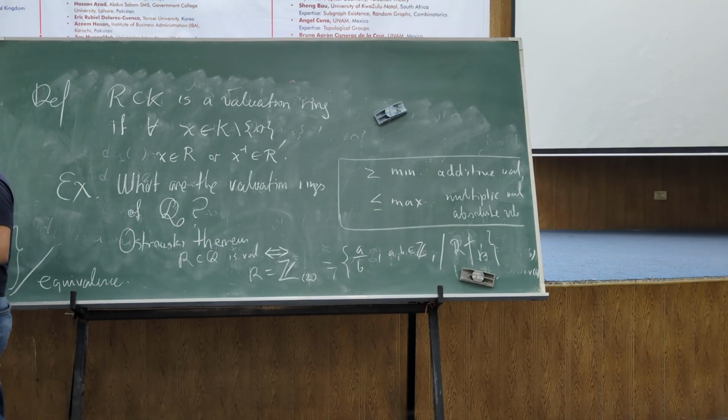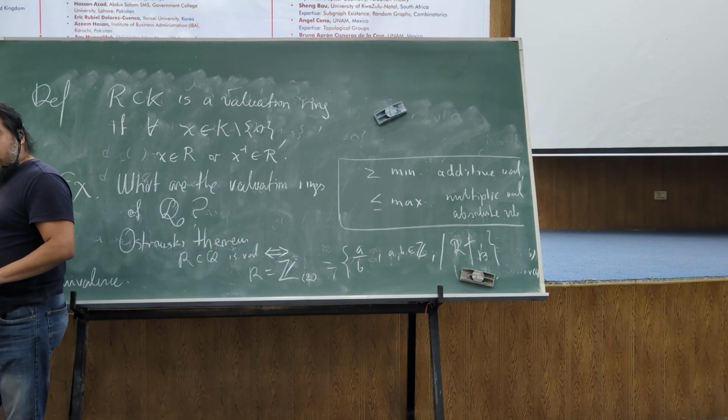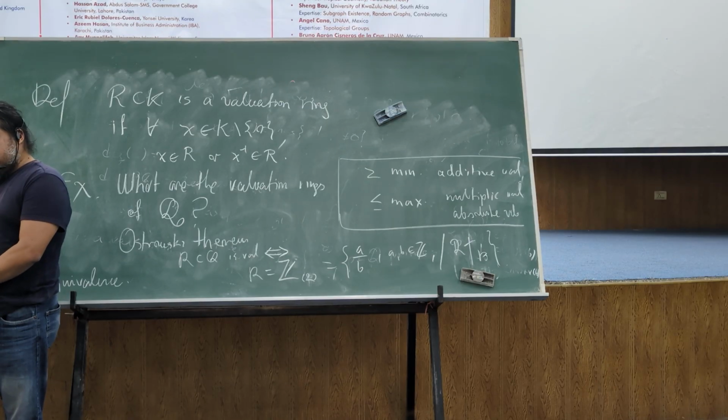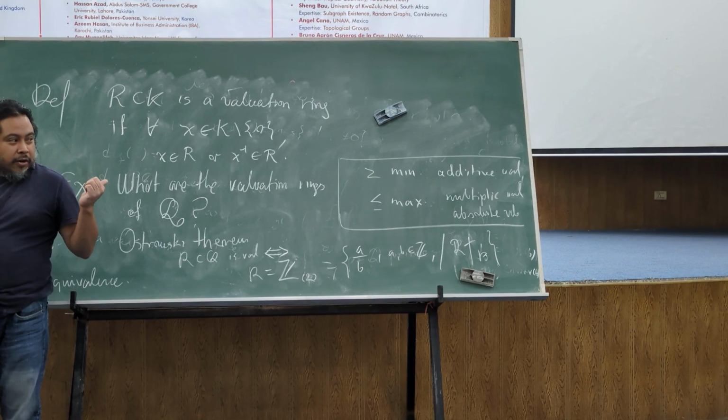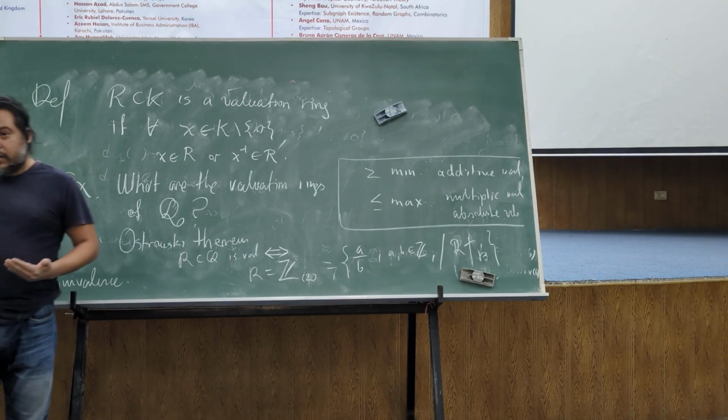So, since I know all the valuation rings of Q, I should know all the equivalence classes of valuations in Q. And remember that a big family of valuations in Q are the p-adic valuations. So Ostrowski's theorem and this theorem characterize the space of valuations in Q.